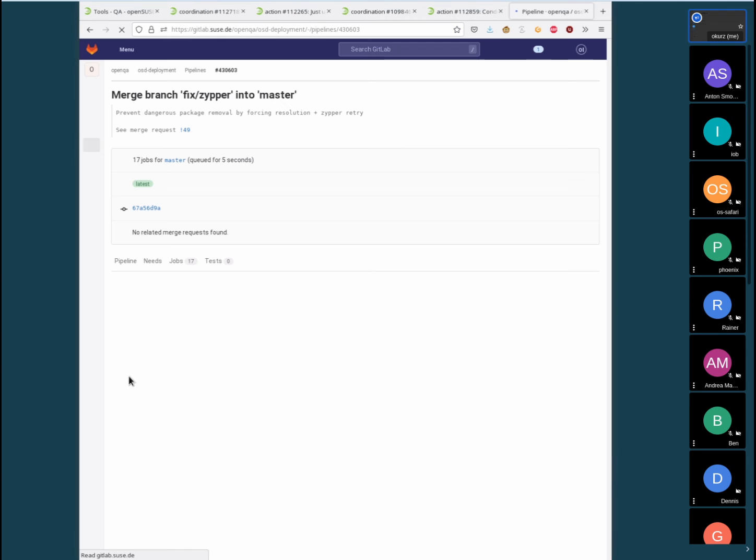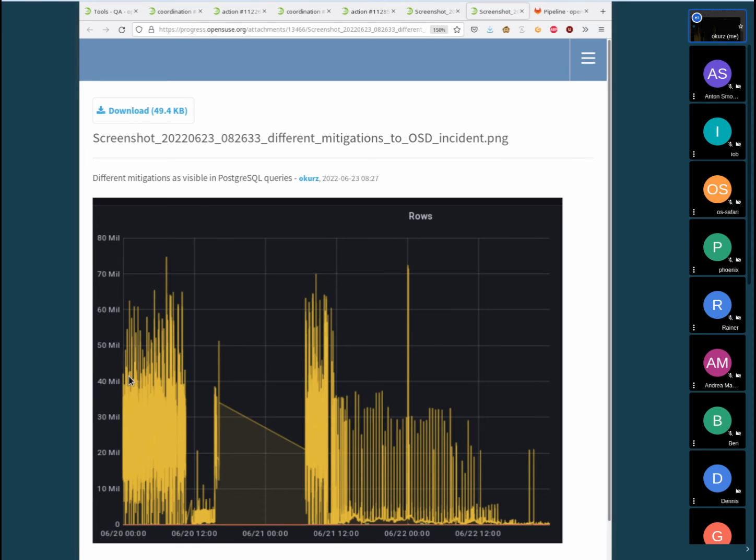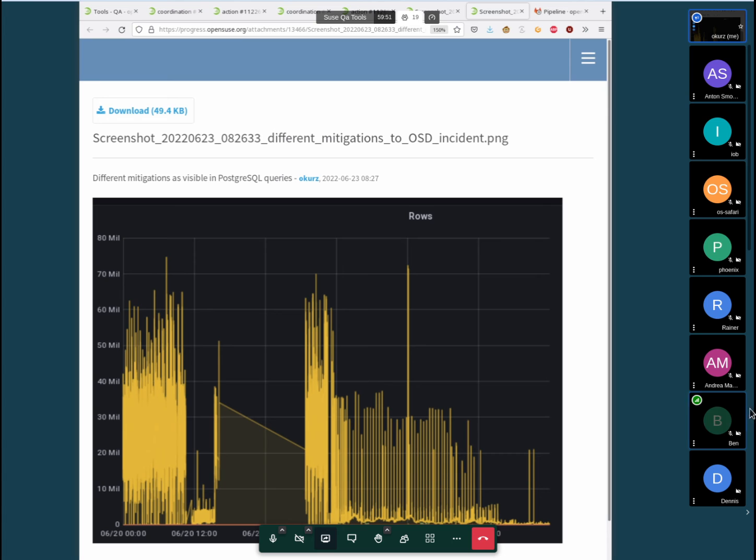When I was showing you the rows, what we did from here to here, we did not yet force a vacuum analyze of all the tables. What we did is we increased the memory per PostgreSQL worker from the default to 64 megabyte. Maybe the default is 4 megabyte.